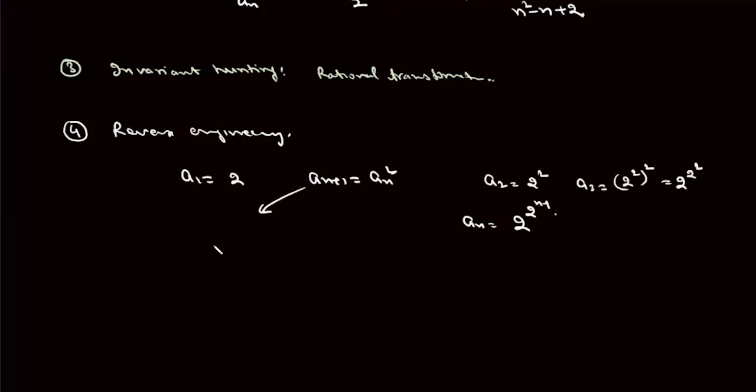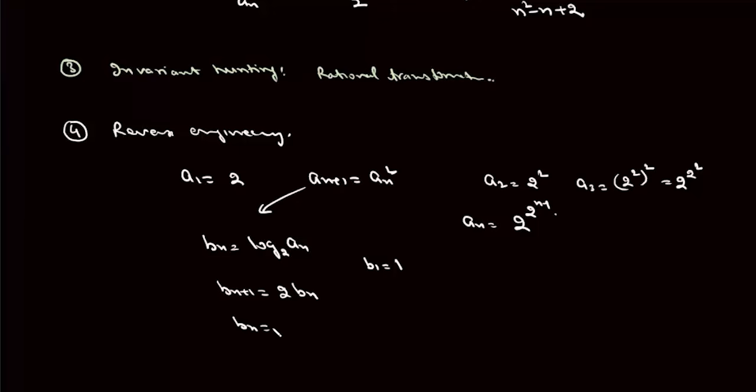So, if we define a sequence b_n as log to the base 2 of a_n, then it'll be this b_{n+1} will be 2 times b_n. Now here b_1 will be simply 1.